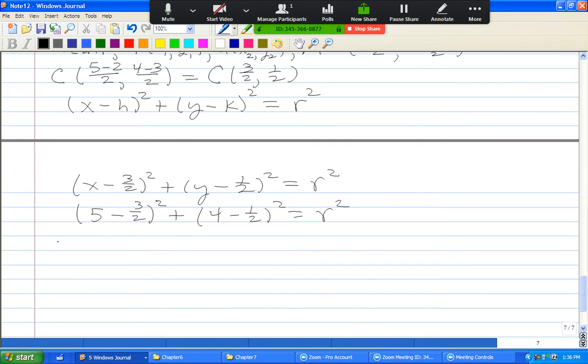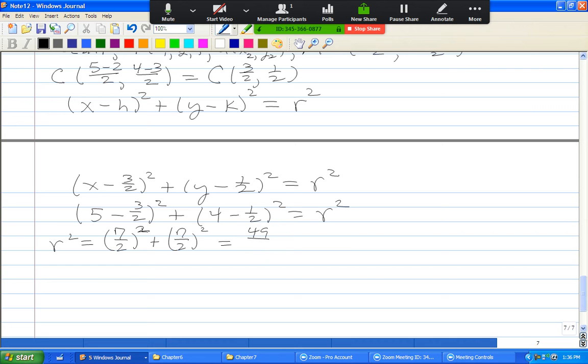So r squared equals 7 halves squared plus 7 halves squared again. Really? Let me check that. 10 minus 3 is 7. 8 minus 1 is 7. Yeah.